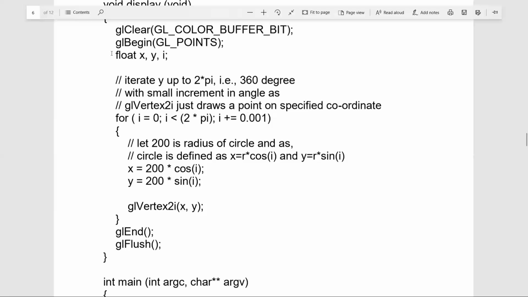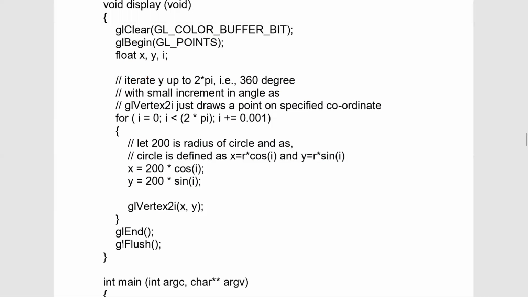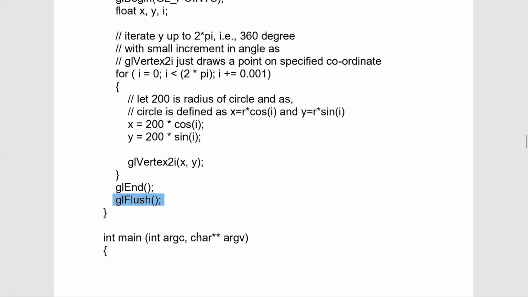As we have decided, now all the GL points are drawn from glBegin till glEnd. Let us now flush the buffer, the way we flush the buffer for any text stream; here we have to flush the buffer for the picture. Here the picture is considered to be a circle.